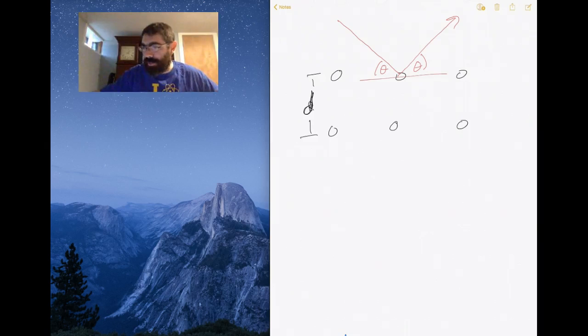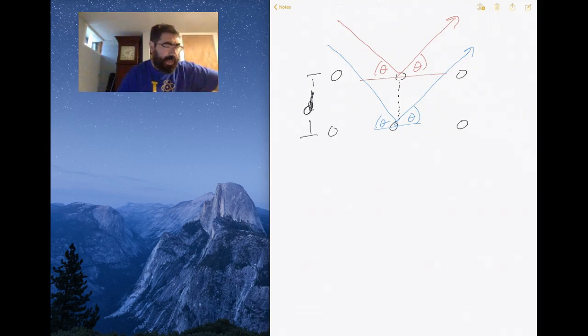And here's my second wave coming in, also reflecting at the angle theta. And so now what I can do is draw this line which is perpendicular to the planes, so I have a perpendicular line between plane 1 and plane 2.